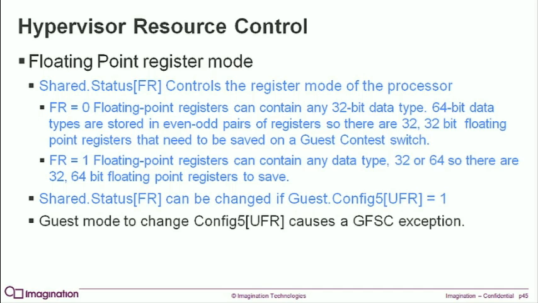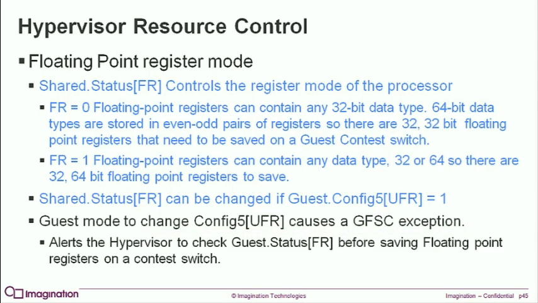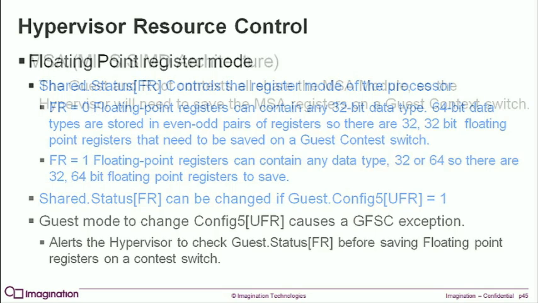To alert the hypervisor when a guest user might have changed FR, a GFCS exception is raised to the root on any access to the guest config5 UFR field. If this access changes UFR to a 1, then the hypervisor will need to check the guest status FR field each time before it saves the floating point registers.